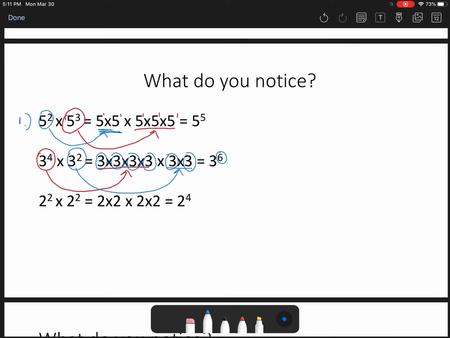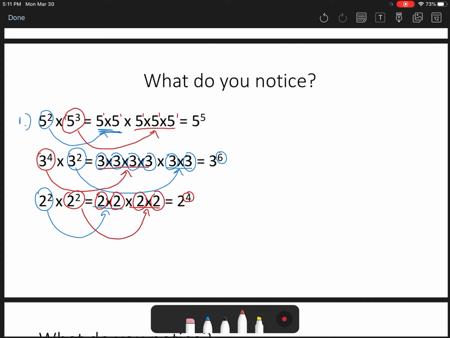So therefore we can rewrite this as 3 to the 6th power. Last one, we have 2 squared, 2 times 2. 2 squared, 2 times 2. 1, 2, 3, 4. And there's your exponent, 2 to the 4th.